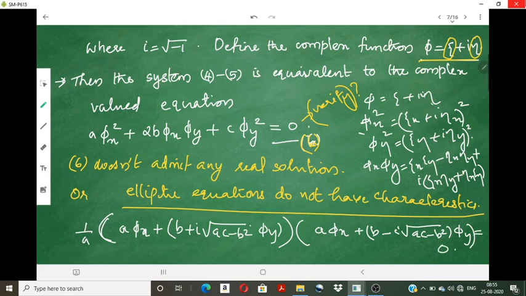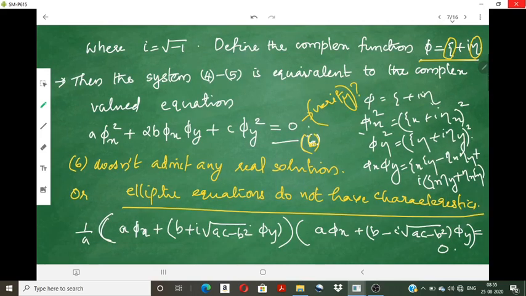We can check that the two factors are complex conjugates, so we need to solve only the equation a φx + (b ± i√(ac − b²)) φy = 0.